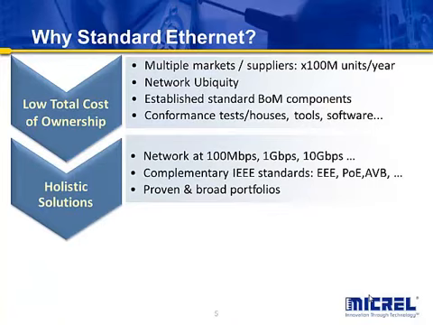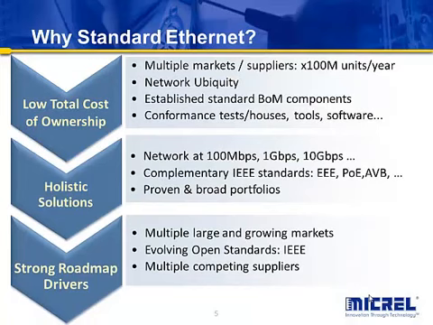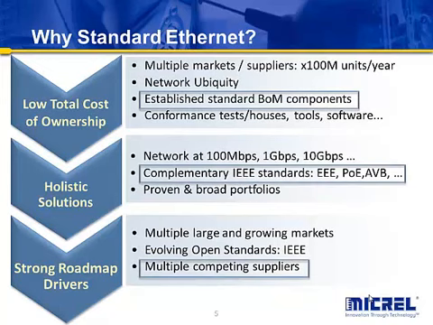Ethernet is much more than just a physical layer, but a total solution with complementary IEEE specifications such as Ethernet, energy efficient Ethernet, and power over Ethernet. And finally, strong roadmaps, driven by its multiple growing markets, continued evolving IEEE specifications, and most importantly, supplier competition. In the next few slides, we'll take a closer look at an example of each of these key benefits.